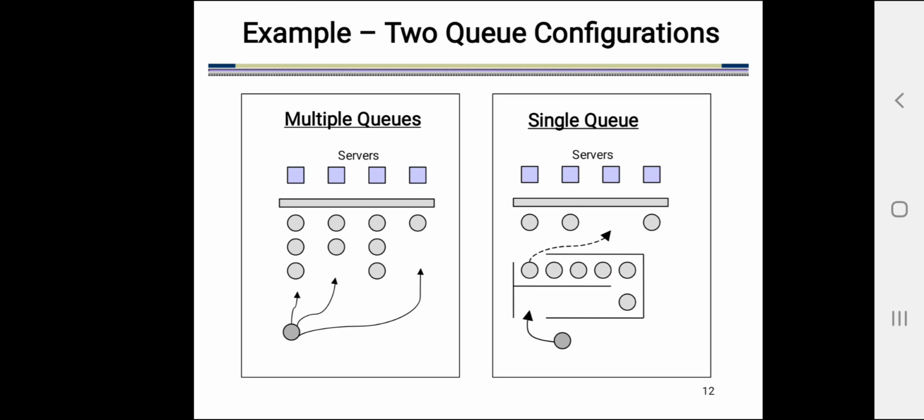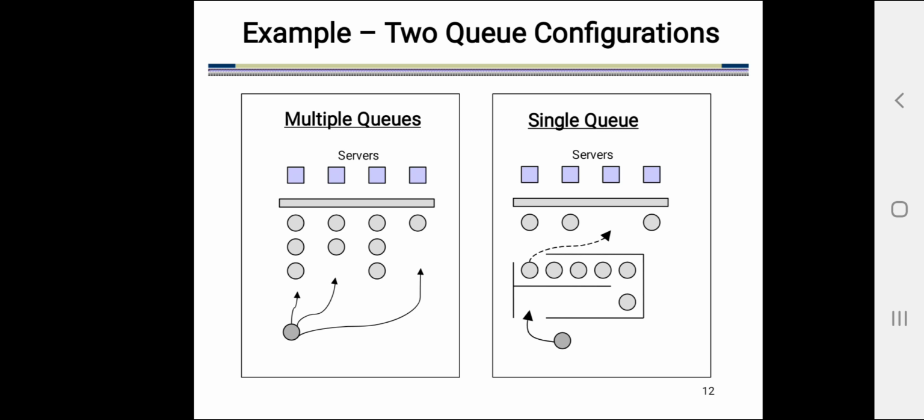See, there are two queue configurations: multiple queues and single queue. In the first figure there are a number of service centers and rows. Four service centers and four rows are there, so it is multiple queues, and customers can go to any of the four lines.